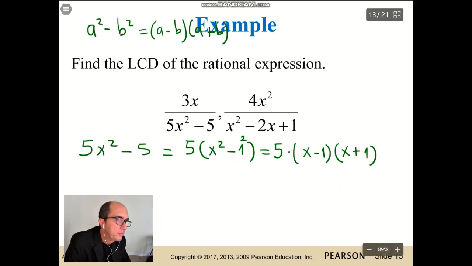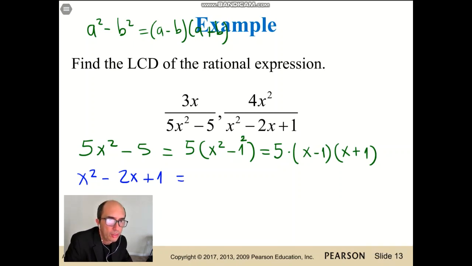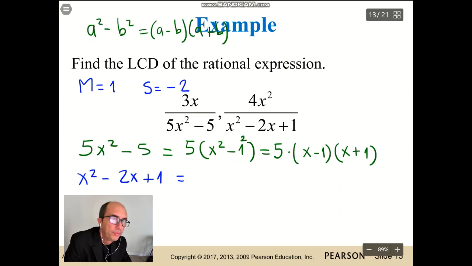The next one, x squared minus 2x plus 1. And the method here to factor this out is finding the couple of numbers that multiplied is equal to 1 and the sum is equal to -2.